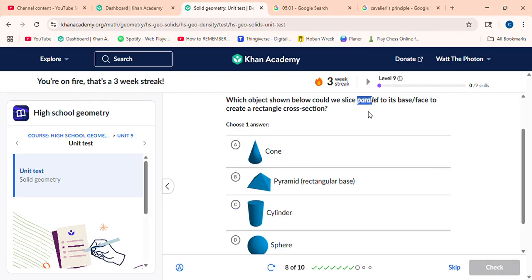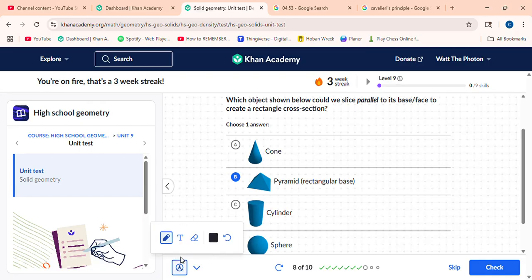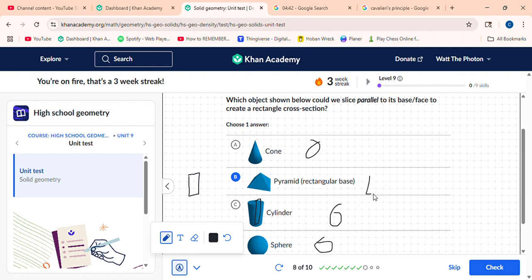It's a rectangular base, so if you slice it parallel, you're going to have a square. If it's perpendicular, you get a rectangle right here. But you're just giving me circle, circle, circle, square.